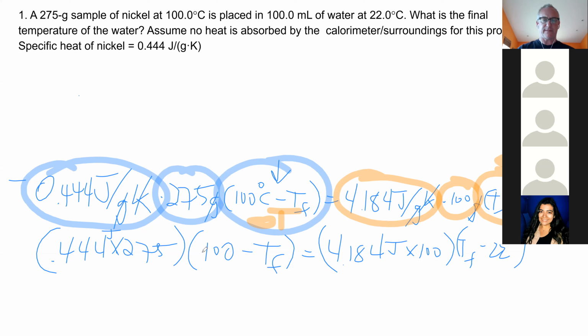Actually, I did this wrong. It's TF. I've already made a mistake. See, if you don't do these for a while, you make a mistake. So instead of minus, it should be TF minus 100.